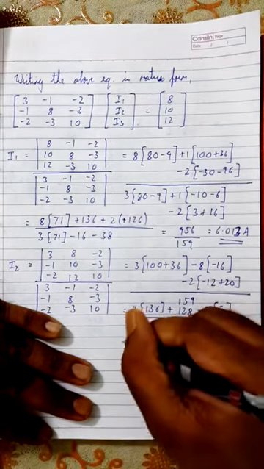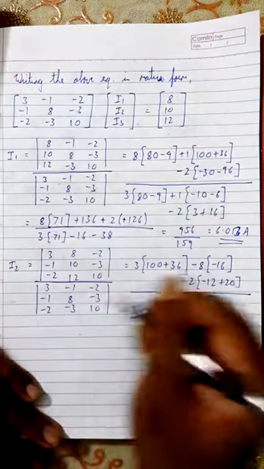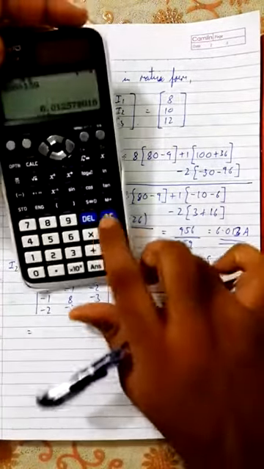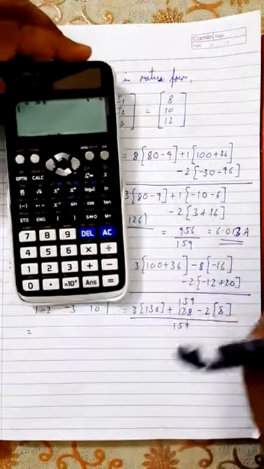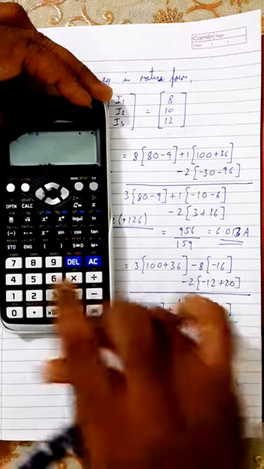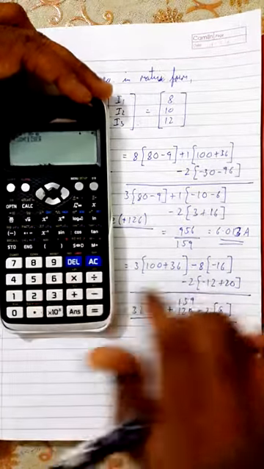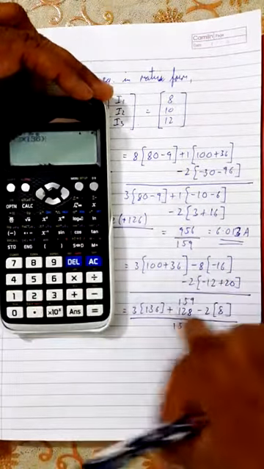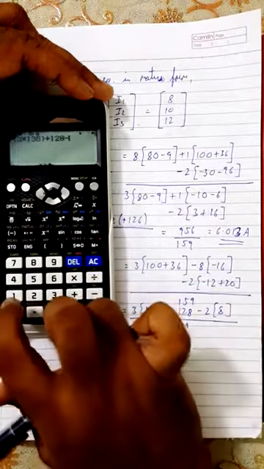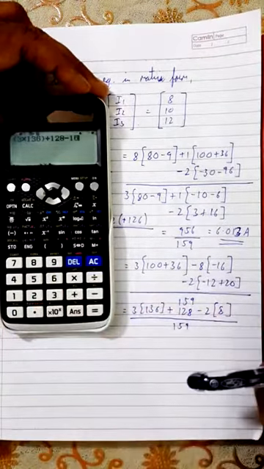Therefore I2 is equal to, the numerator is 3 into 136, plus 128 minus 16, right?